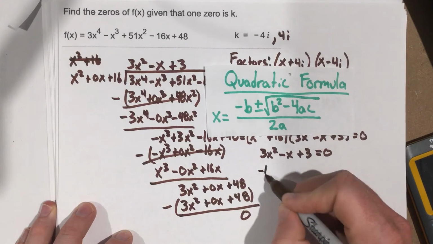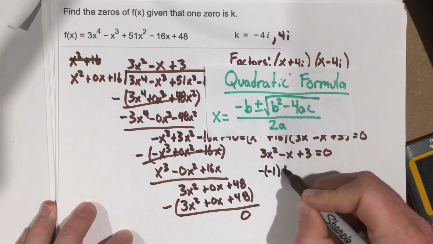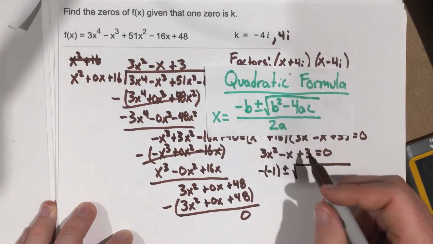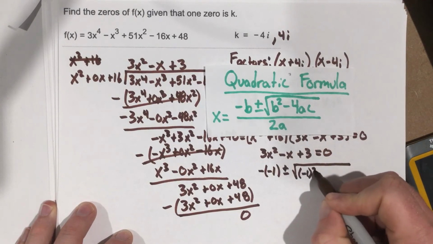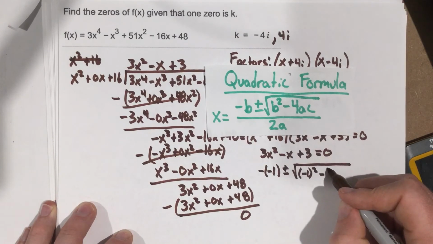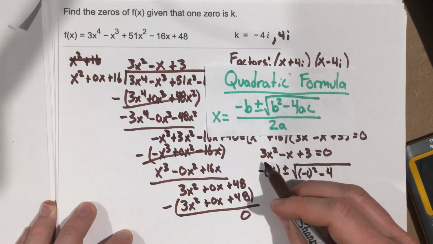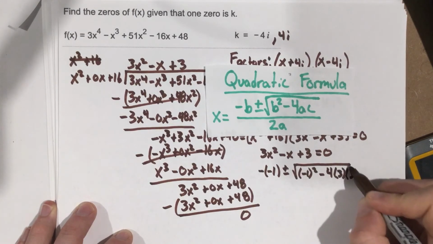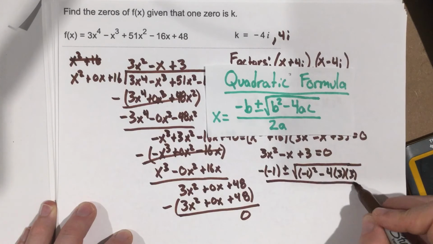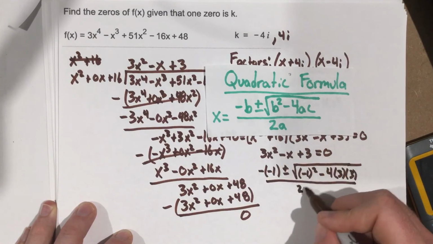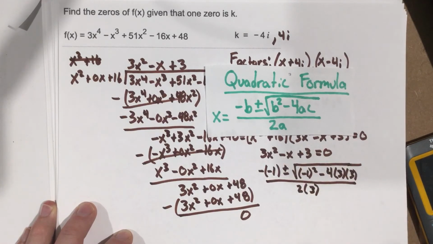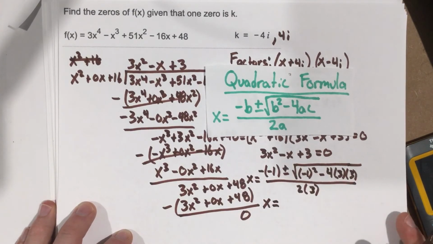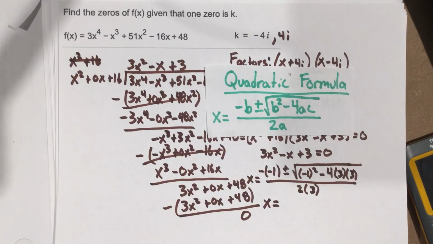So I have negative 1 plus or minus root b squared, which is negative 1 squared, minus 4 times a, which is 3, times c, which is 3, all over 2 times 3. And remember, that's x equals.